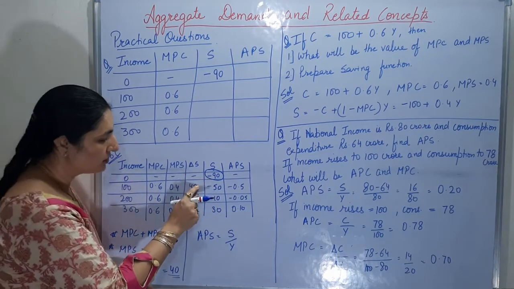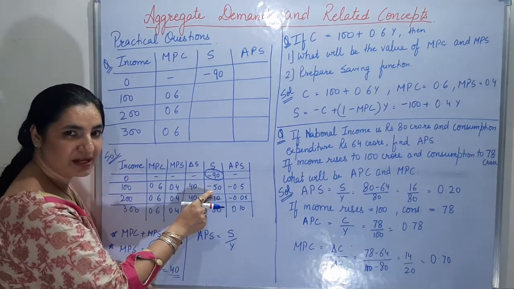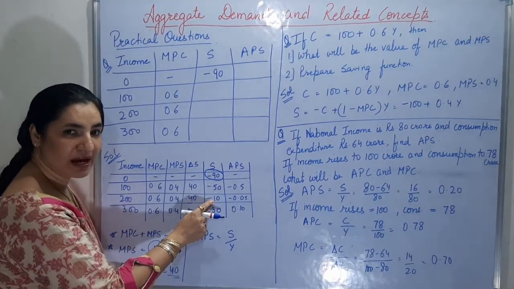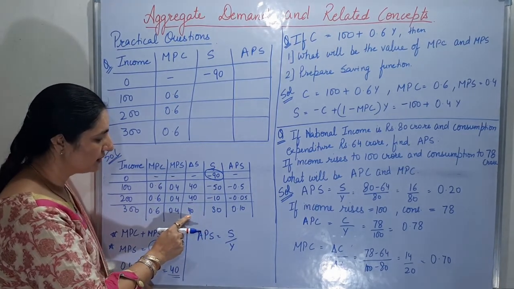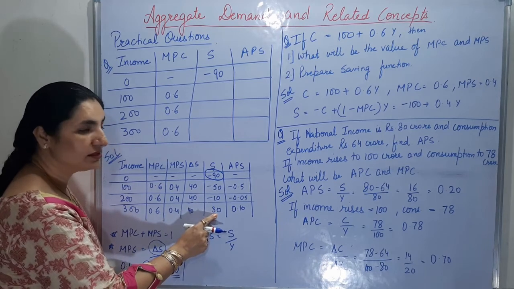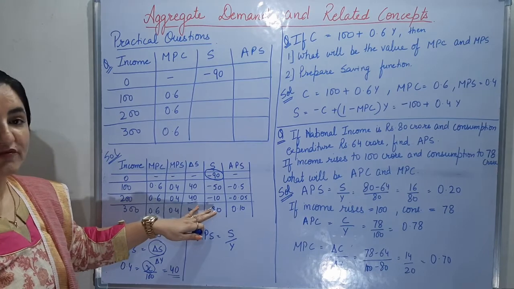Let us add 40 in minus 90. Next value will be minus 50. Again add 40 in minus 50. Next value will be minus 10. Again, at third level of income, we will add 40 in minus 10. We will get 30. So by this we can calculate the value of saving.